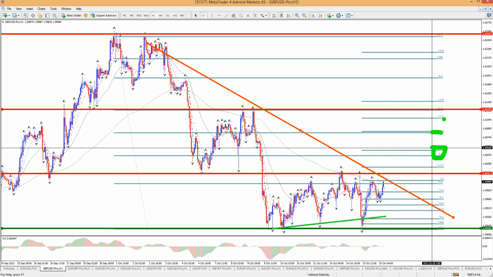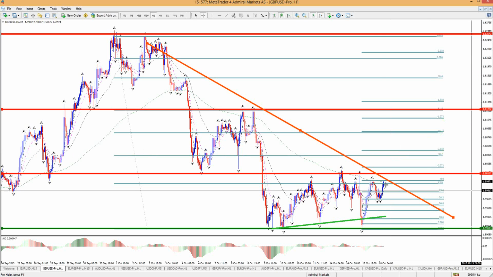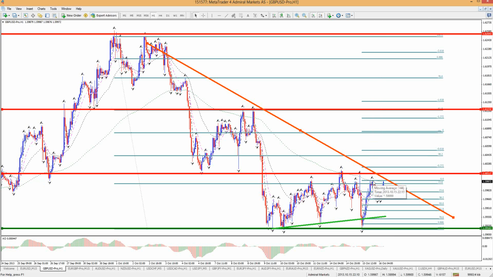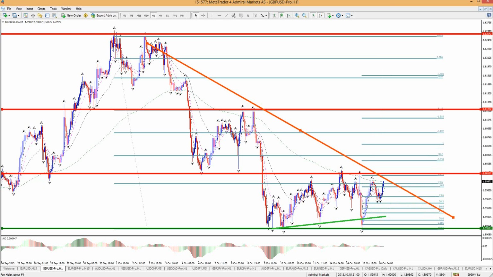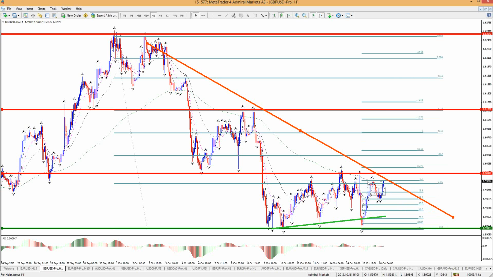The 100 is lining up with the 50, etc. So let me adjust this trend line a bit. Maybe just do like this.